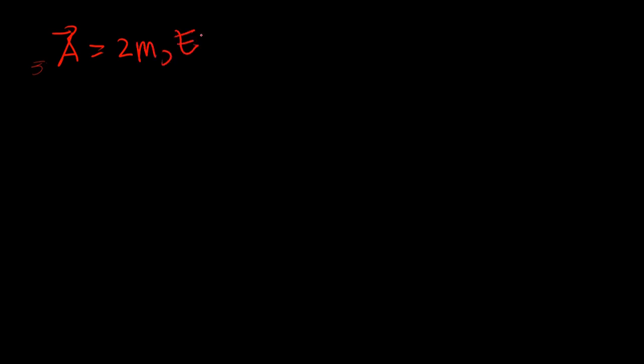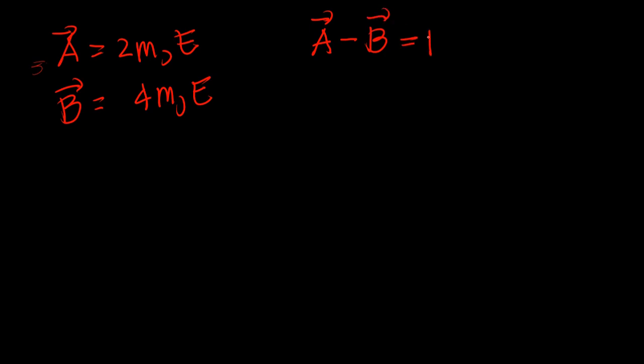Again, pareho lang para hindi tayo malito. This is 4 meters east. Paano if yung operation natin ay nag-i-involve na ng subtraction? Let's say A minus B. Again, the result should be, let's call that resultant vector.